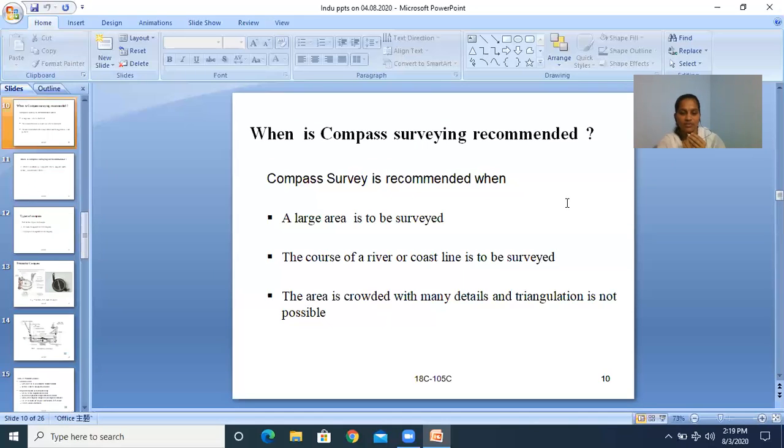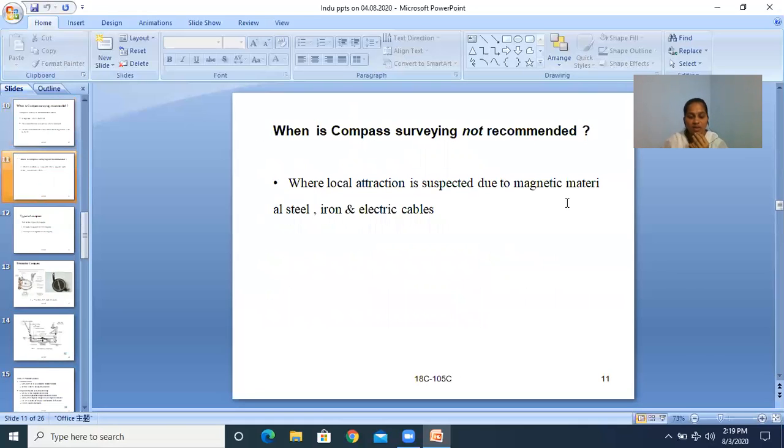Also when the course of a river or coastline is to be surveyed, we can recommend compass surveying there. And when the area is crowded with many details and triangulation is not possible, then we can go for compass surveying.